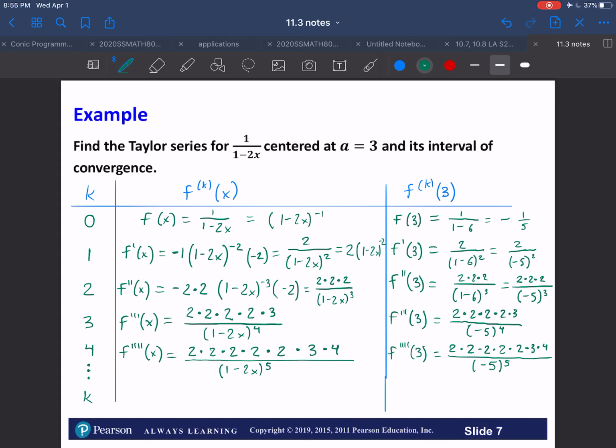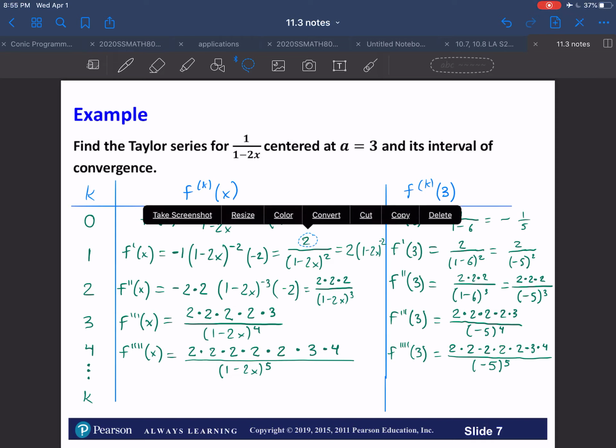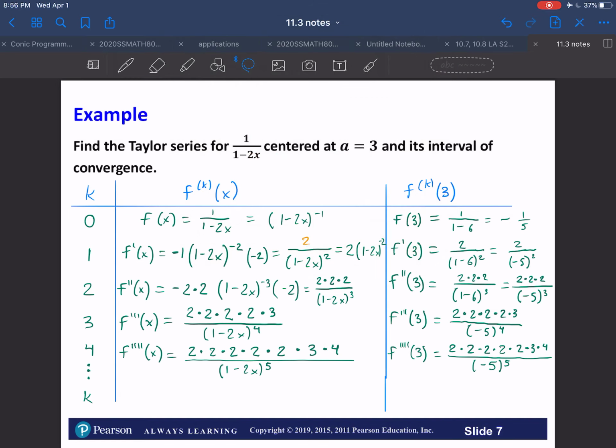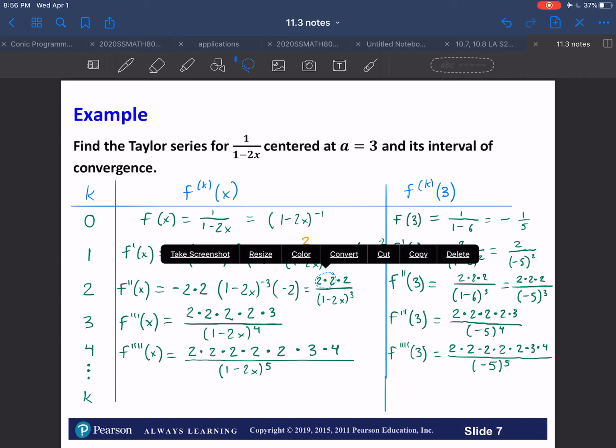All right. Let me change the color of some of these 2's to give you a little bit of an idea on how to see this pattern. So I am going to color this 2. Let's color it orange. We're going to color these 2 2's orange.